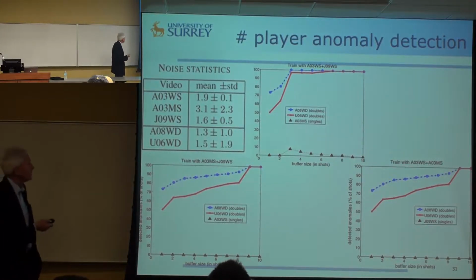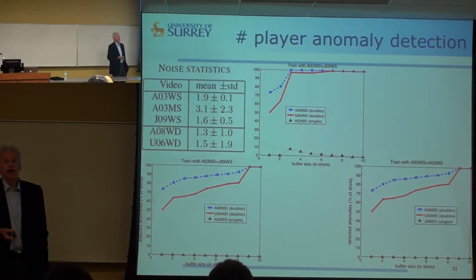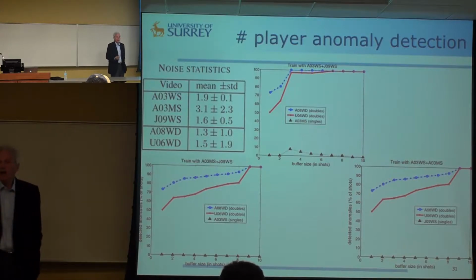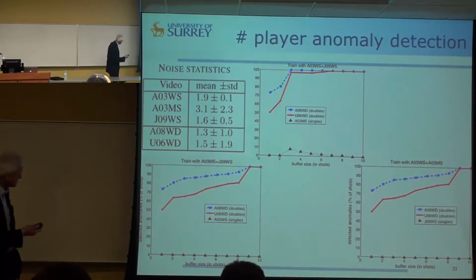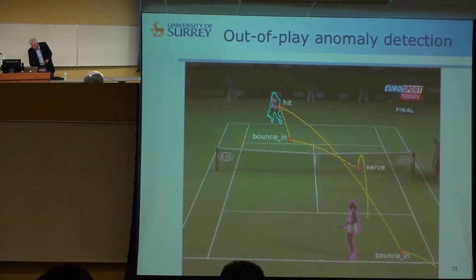When we looked at it in more detail, it turned out that the Australian video had much more noise, and it was detecting anomalies because we were trying to detect anomalies in material which had a data quality different from the data quality on which we trained for normality, and so it just shows you that this one of the mechanisms that I talked about was absolutely essential.